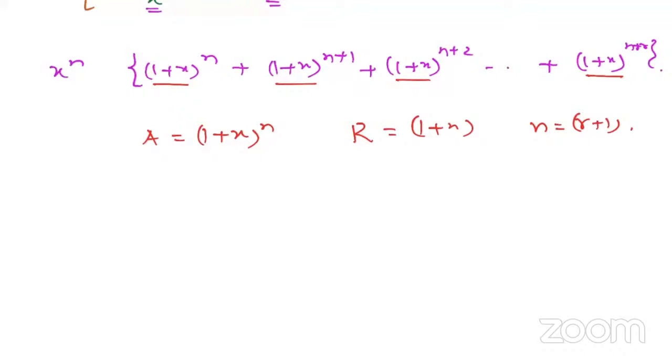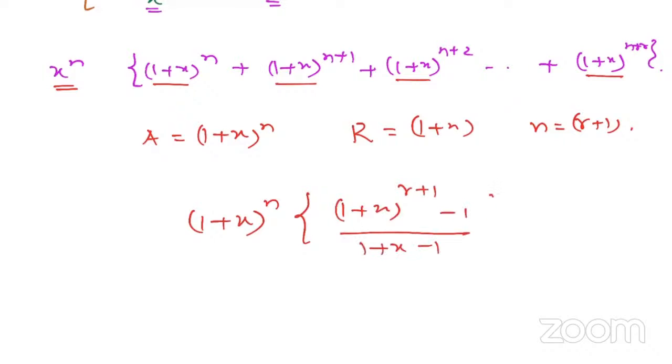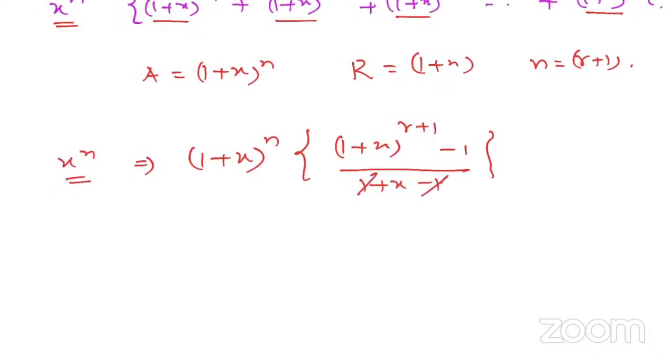So what we are getting, and from that we have to find the coefficient of x to the power n, is (1+x)^n times ((1+x)^(r+1) minus 1) upon (1+x) minus 1. In this, we require the coefficient of x to the power n. 1, 1 cancel out.